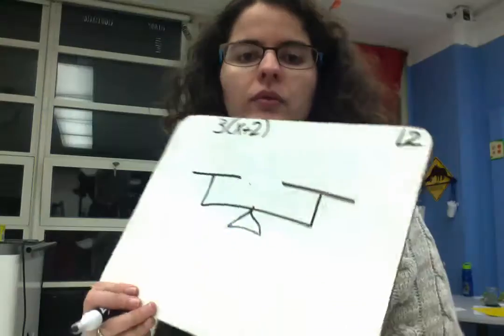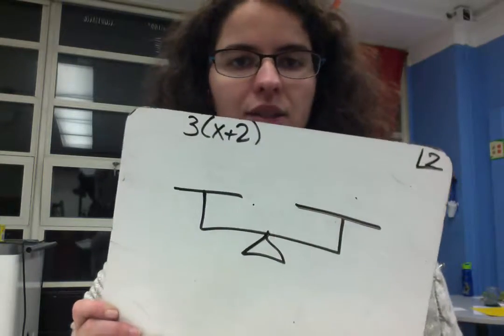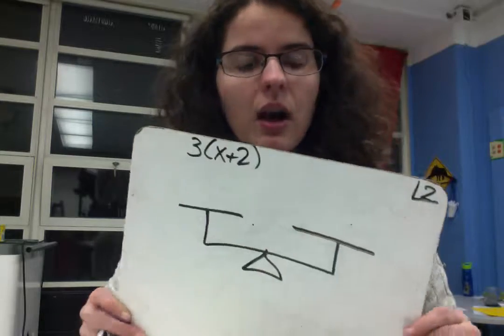And this is problem 2. So I'm going to set up my balance, and I'm going to think about groups. So since I had 3 times x plus 2, that's really like just saying I have 3 groups of x plus 2. And I can show that.